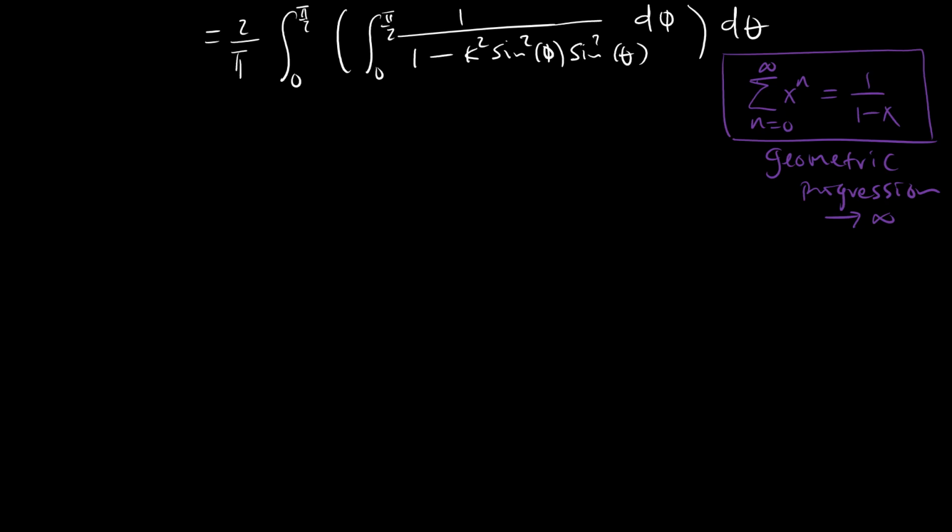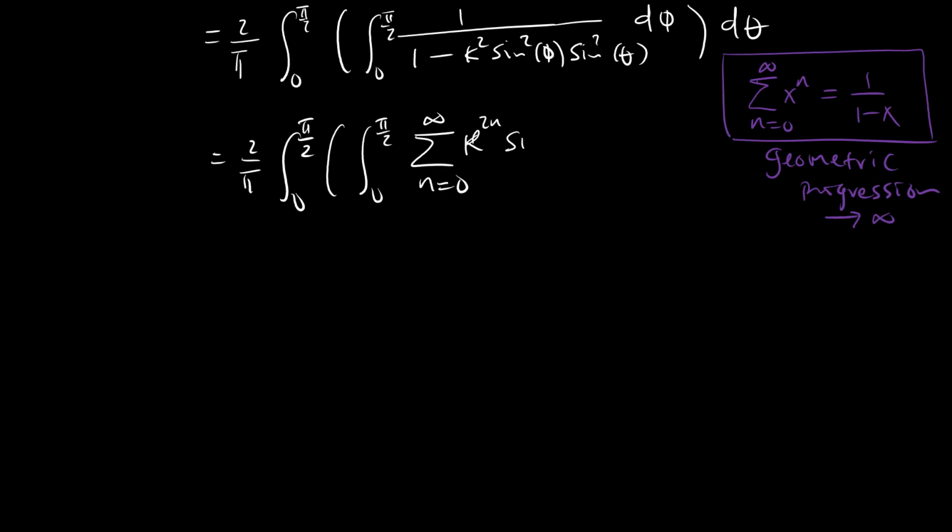And so let's use that to re-express our problem too: the sum of k to the 2n, sine to the power 2n of phi, sine to the 2n of theta, d phi, rather d theta.